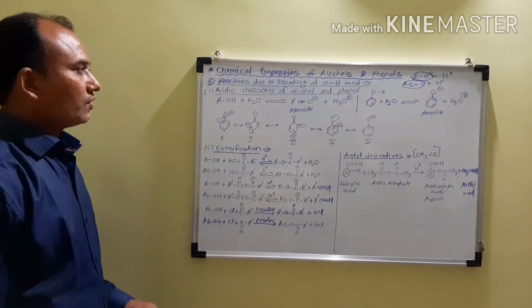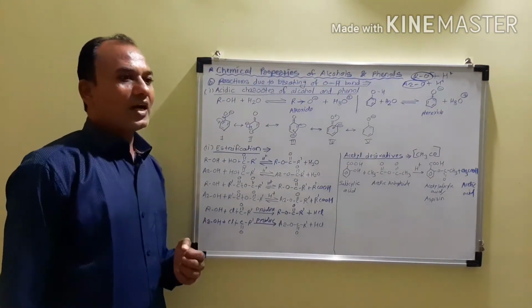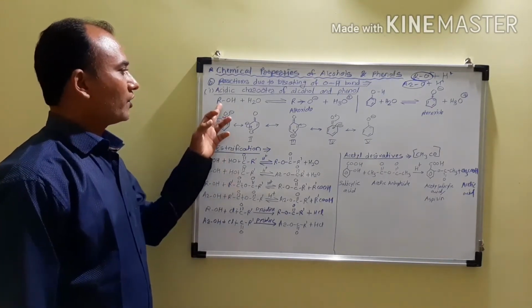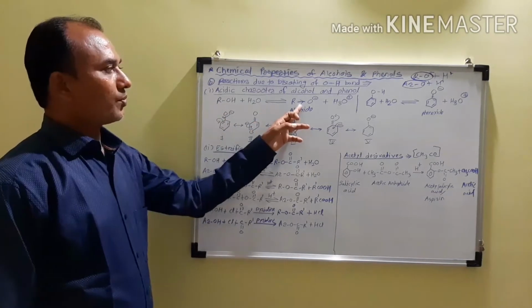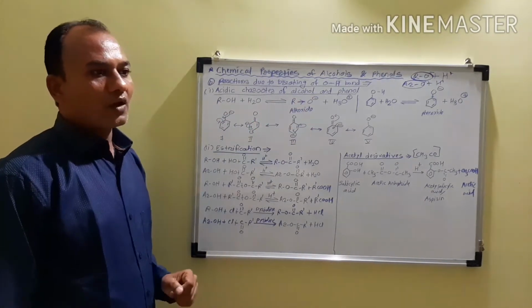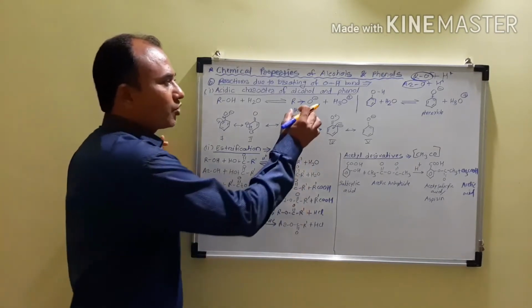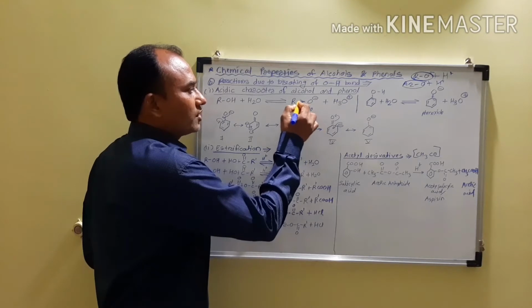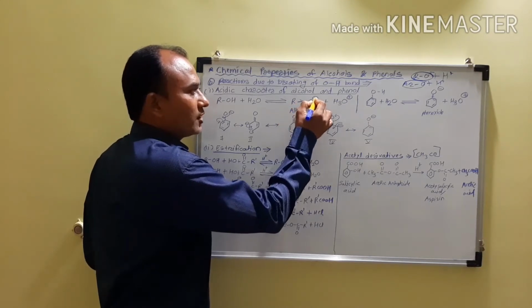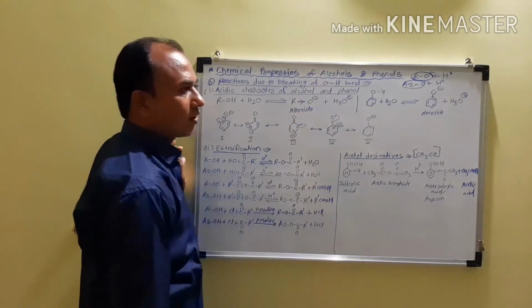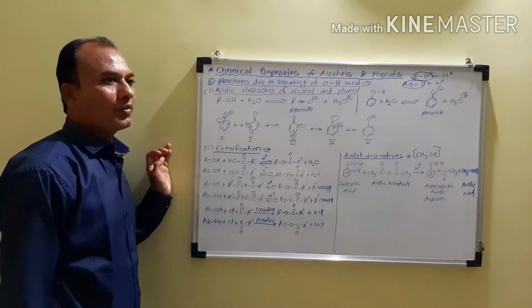When we consider the ionization of alcohol in the aqueous solution, there will be a formation of alkoxide, RO negative. On this oxygen there is a negative charge, and to this oxygen there is attachment of the carbon of the alkyl group.